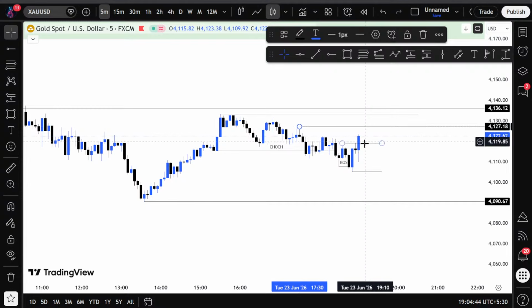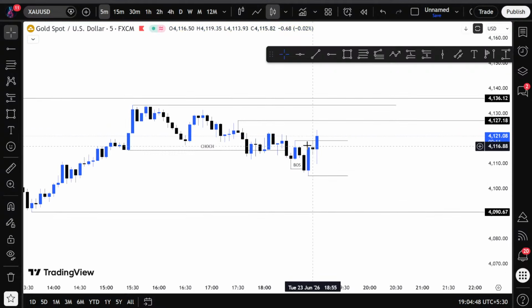One candle closes above, second closes below, then also it is good. Wait for it.